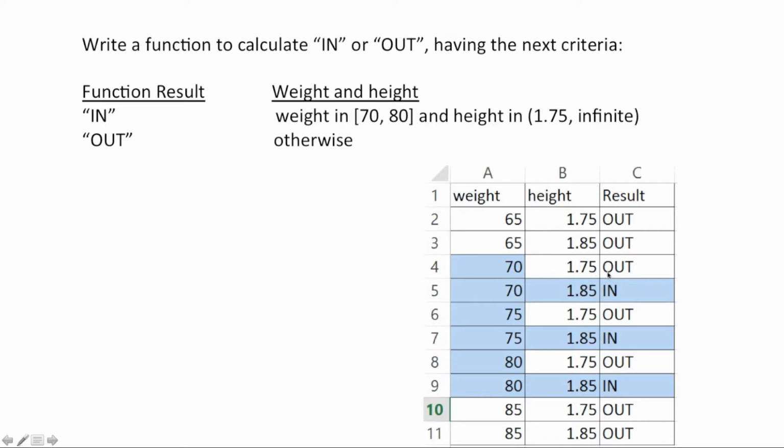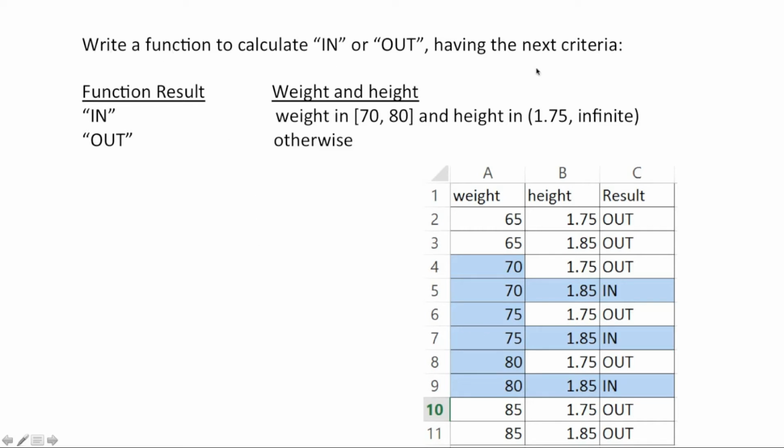With different values, you will see that only for weights between 70 and 80, including 70 and 80, if the height is bigger than 175, then we're in. There you have these values: 70 with 185 is in, 75 with 185 is in, 80 with 185 is in. So that's the solution.